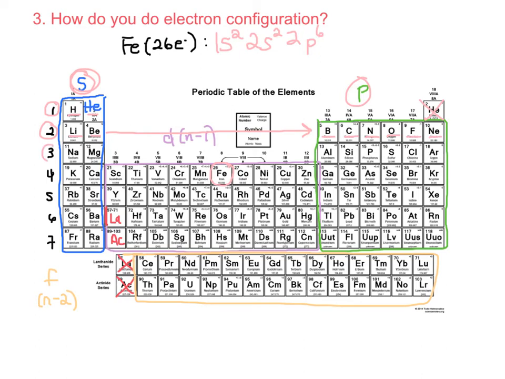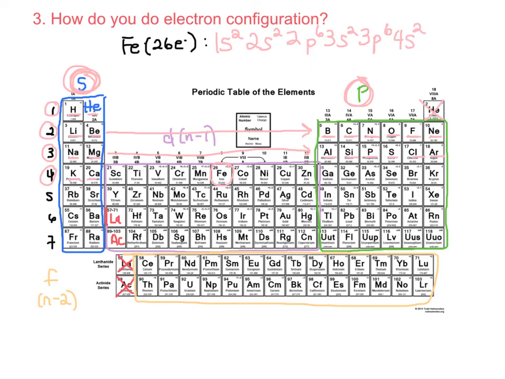And then we go down to the third row, and we're in the S block again, and we count over 2 boxes. And then we follow that over, still in the third row, but now we're in the P block, and we count over 1, 2, 3, 4, 5, 6 boxes. Okay, so now we drop down to the fourth row, and we're in the S block again, and we count over 2 boxes.